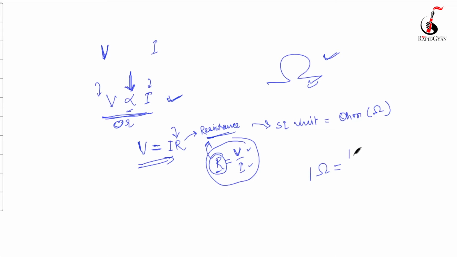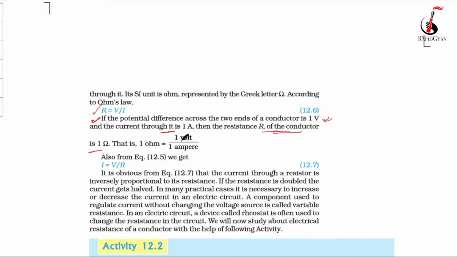So there should be 1 volt of potential difference, and the current passing through the conductor should be 1 ampere. Then we can say that the resistance in that conductor is 1 ohm. So that's your resistance, R equal to V upon I. Understand? R equal to V upon I.